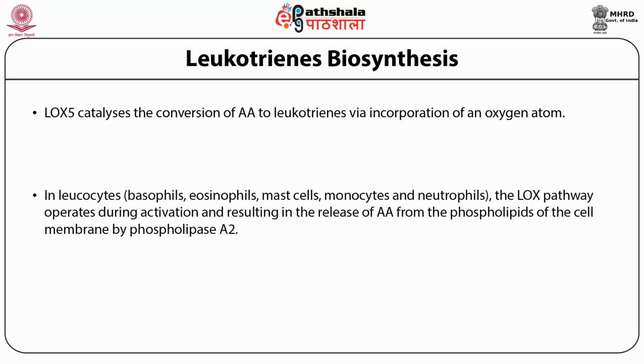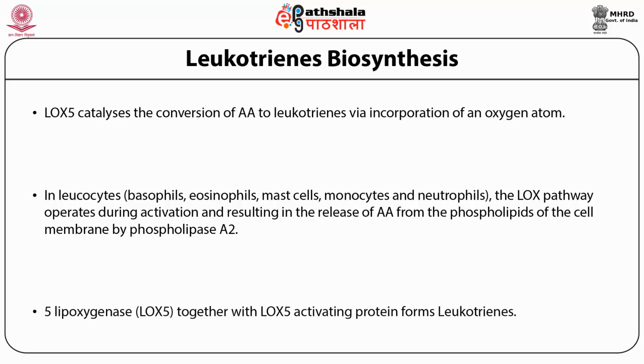In leukocytes, especially basophils, eosinophils, mast cells, monocytes, and neutrophils, the lipoxygenase pathway operates during activation, resulting in the release of arachidonic acid from the phospholipids of the cell membrane by phospholipase A2, and finally transforms to 5-lipoxygenase by the lipoxygenase 5 activating proteins.